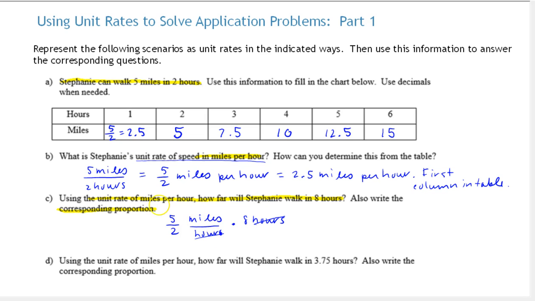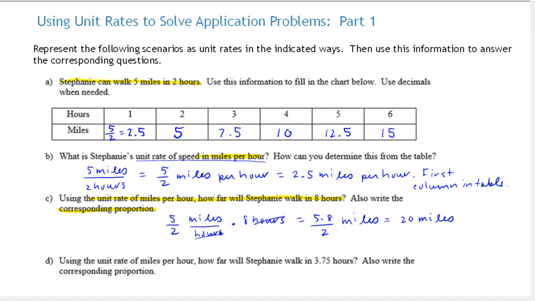Since we have our unit rate of miles per hour, I knew it was miles over hours. I was given hours, so when I multiply by hours, these hours cancel out and leave us with miles. So we have 5 times 8/2 miles, and that's 40/2, which is 20 miles.